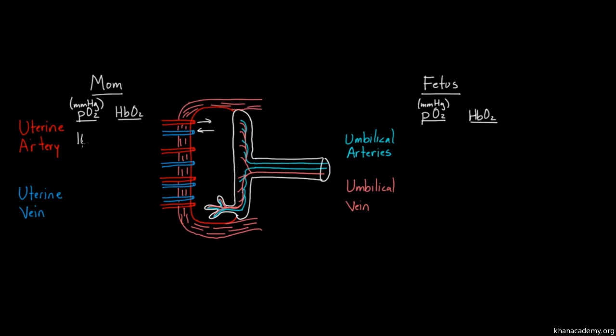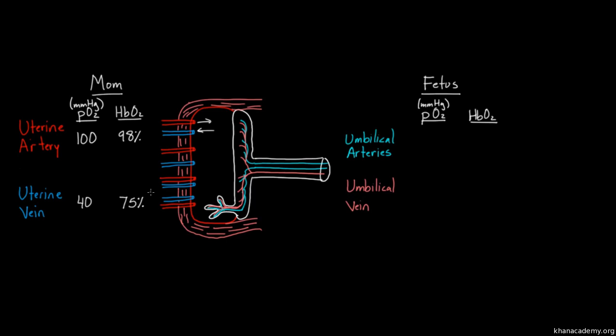Well, we usually think of arteries as having about 100 millimeters of mercury of oxygen. That's a rough estimate. And for hemoglobin, at this point, about 98% of it is bound to oxygen with this high amount of dissolved oxygen in the blood. In the vein, the number is about 40, and the percent that is bound to hemoglobin is about 75%. So these are the rough, or estimated, numbers on the maternal side.